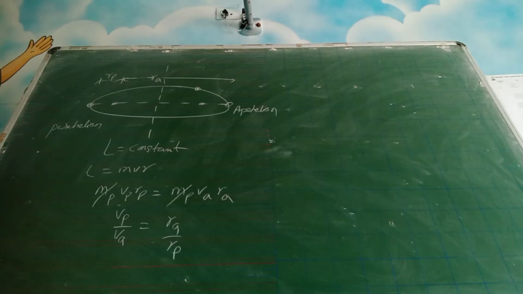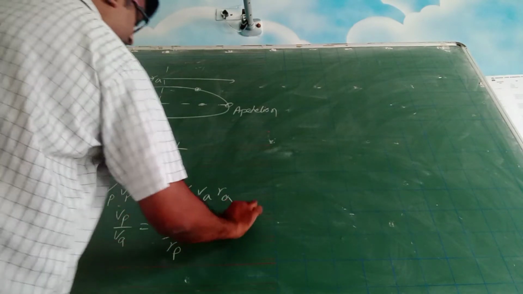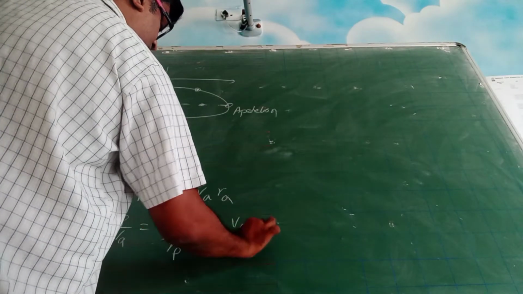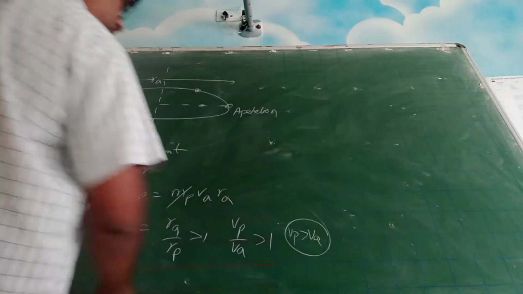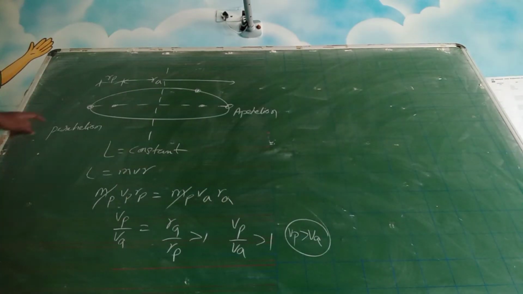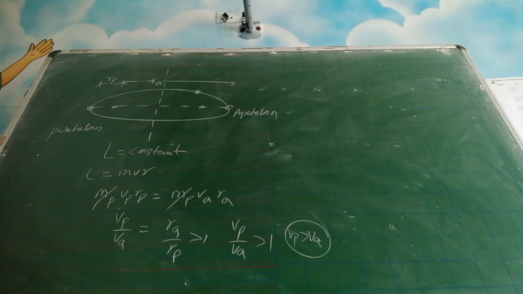Look at RA by RP. It is more than 1, right? So VP by VA is more than 1, or VP is more than VA. In other words, at perihelion the speed of the planet will be the maximum. This is one concept you have to understand.